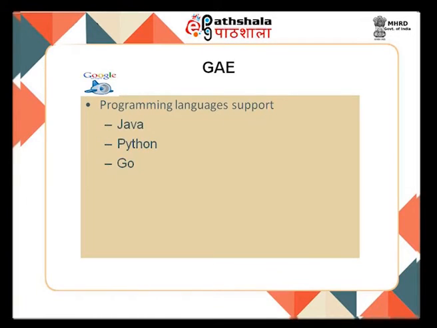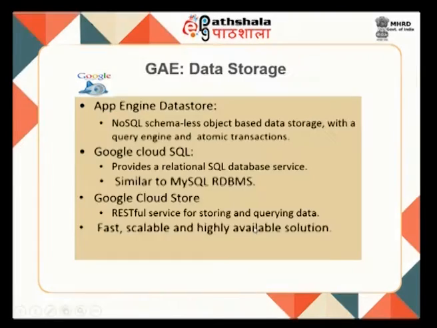All these will be supplied by Google, and using the environment provided by Google App Engine, users can create their own applications. The programming languages supported by Google App Engine are Java, Python and Go.